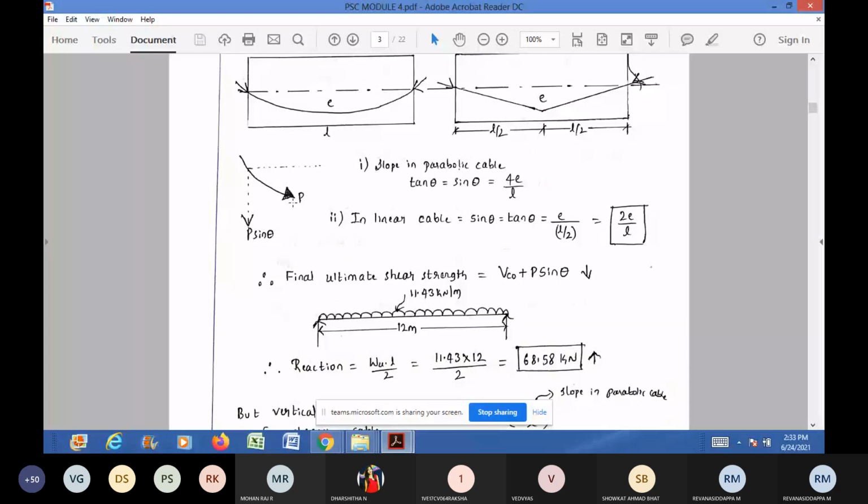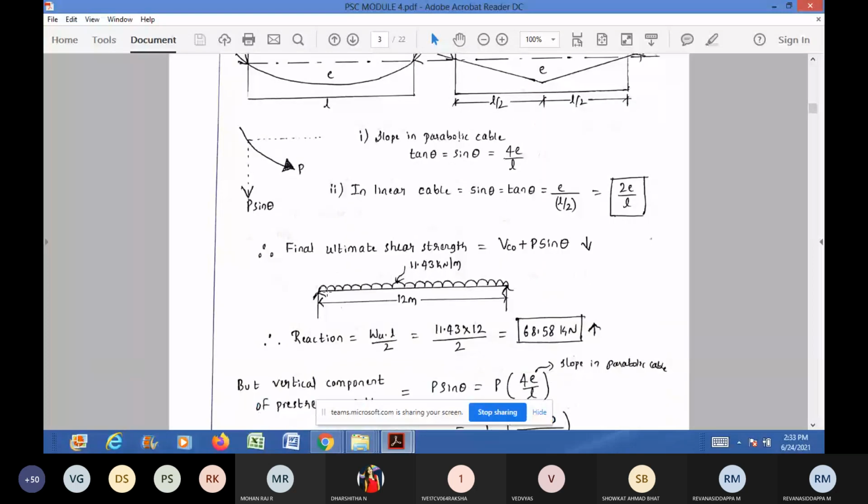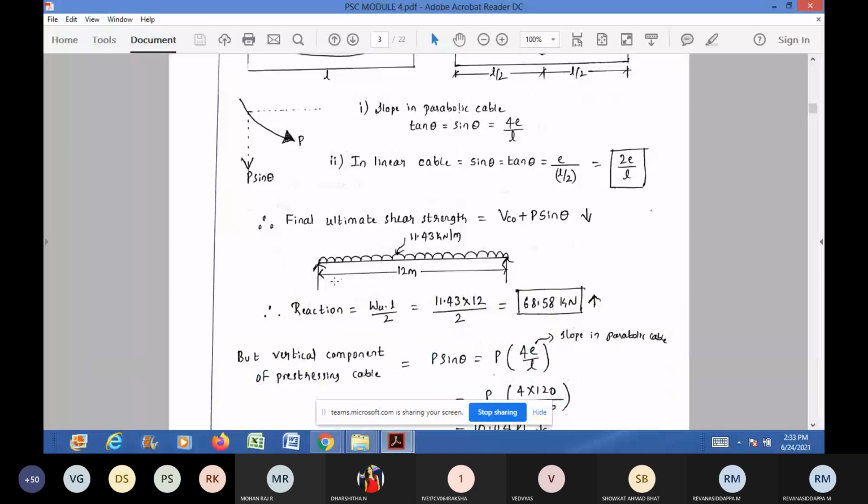Now we came to know the shear force at the support due to only external load as 68.52 kilonewton. Now what you need to do is calculate the shear force that will act due to the pre-stressing force in the cable.